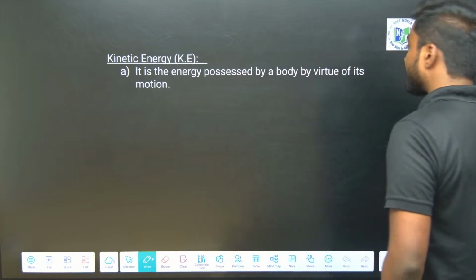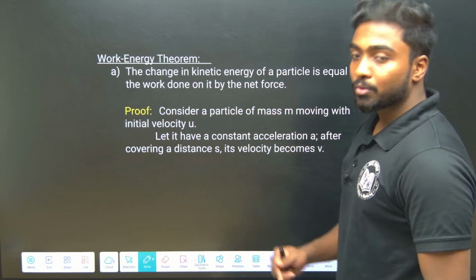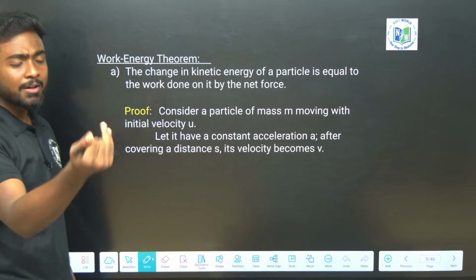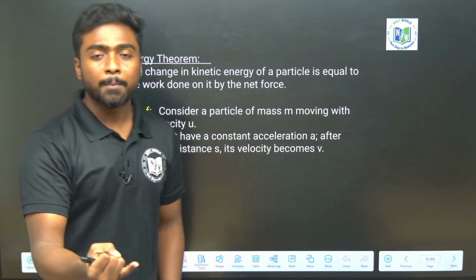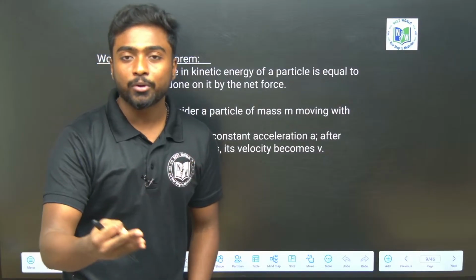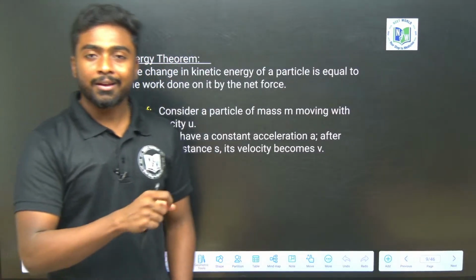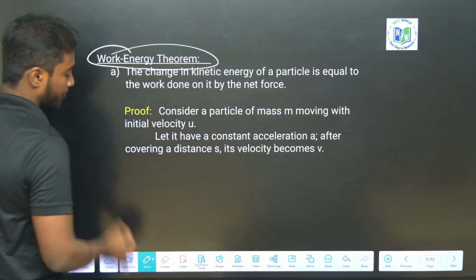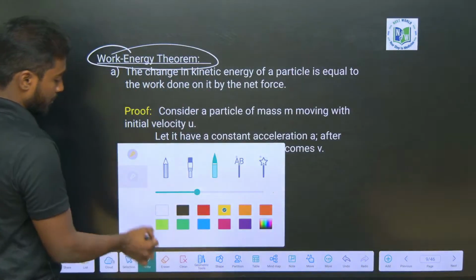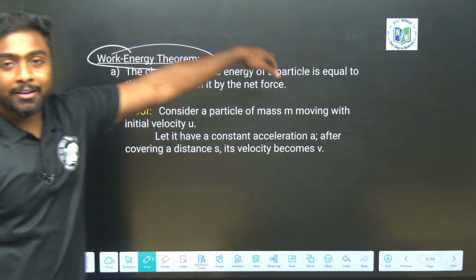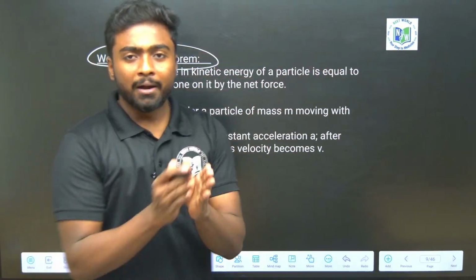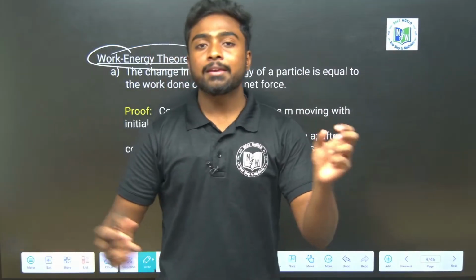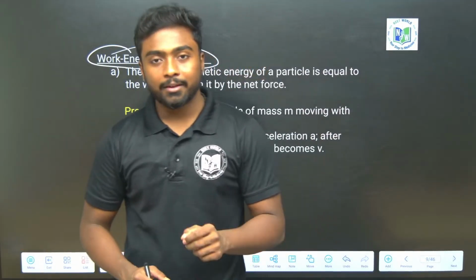Okay, so the work energy theorem. The first point, work, is completed, and the second point, kinetic energy, is completed. Under that, the work definition, formula and SI unit have been completed, and similarly for kinetic energy. Now for the work energy theorem: the change in kinetic energy, that is final kinetic energy minus initial kinetic energy, is nothing but the work energy theorem.